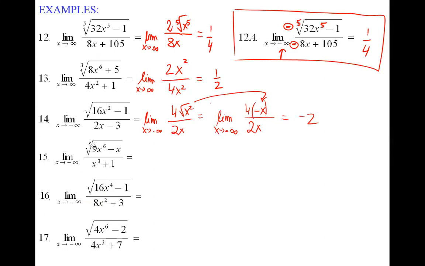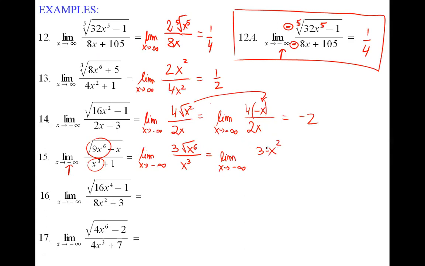Okay, another even root and another negative infinity. But let's see. Square root of 9, it's 3, because we're only looking at this. And square root of x to the power of 6, x cubed. Limit as x goes to negative infinity. And for square root of x to the power of 6, I can divide 6 by 2. I will have x squared.